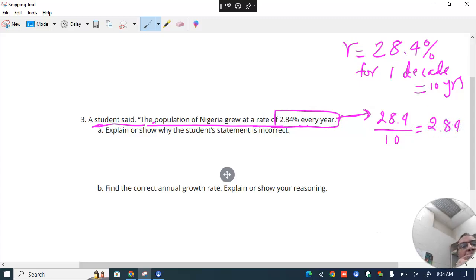But is this correct? Explain or show why the student's statement is incorrect. Let's imagine he was correct.